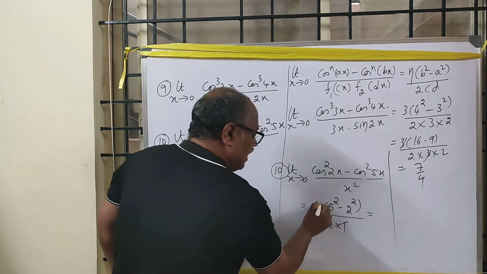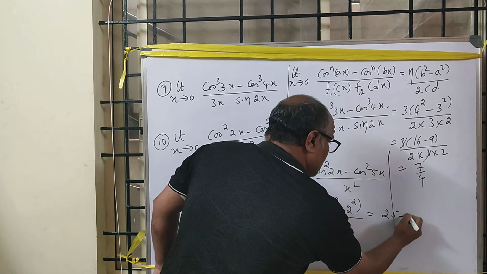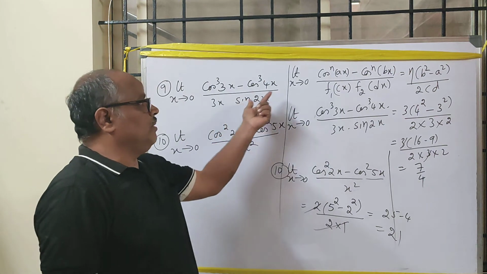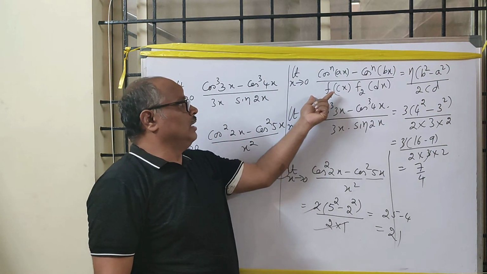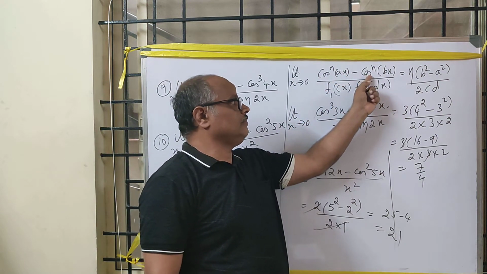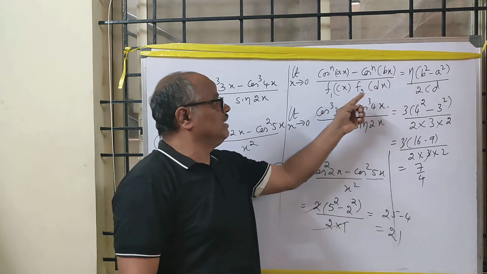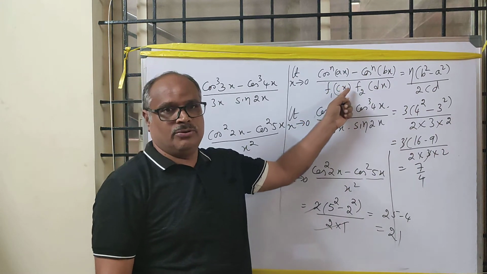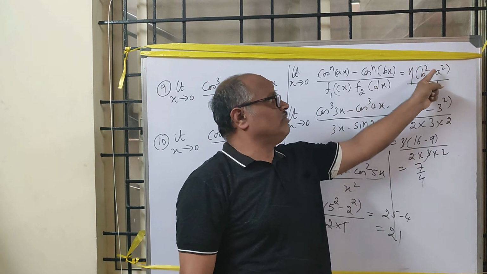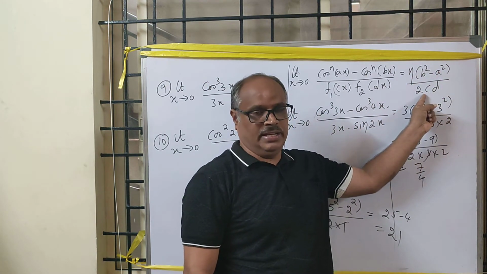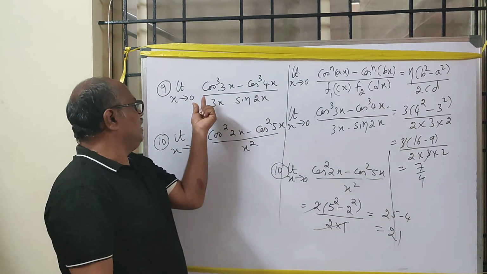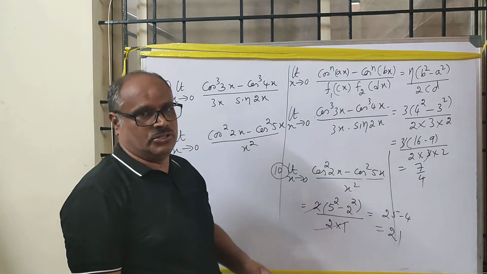So 2 gets cancelled. 25 minus 4 is equal to 21. 21 is the answer. The given problems are in the form of limit x tends to 0, cos to the power of n of ax minus cos to the power of n of bx divided by f1 cx into f2 dx. You apply the shortcut n of b square minus a square divided by 2cd. We get the answers 7 by 4 and 21 respectively for the 9th and 10th questions.